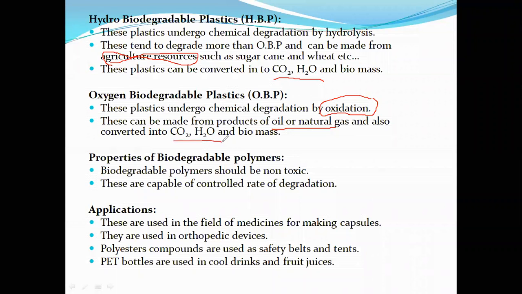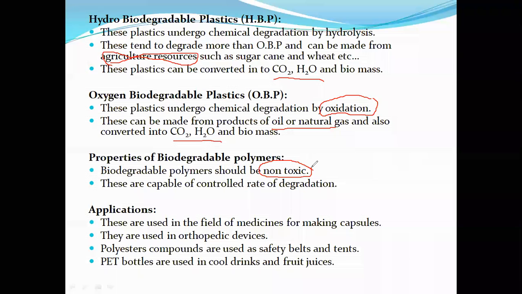Then, what are the main advantages of biodegradable polymers? They are non-toxic, which is very important, right? Take a bottle made of biodegradable material, the best example being a Tupperware bottle, or a food box made of biodegradable material. It doesn't react with the food or the water.